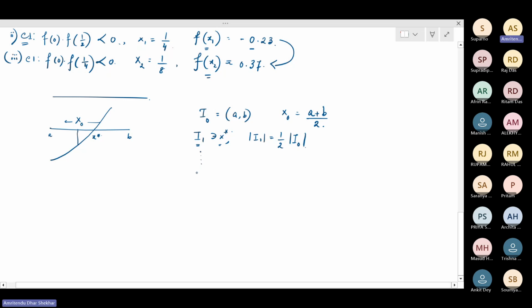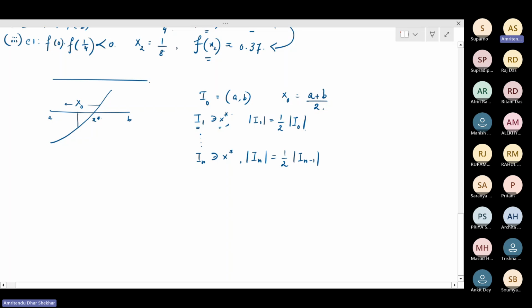Similarly, this procedure continues. At the nth stage, we have an interval In which continues to contain the root x star, and the length of In is half times the length of In minus 1. So you now have a chain of intervals, each containing x star, and the length of each of these intervals decreases.